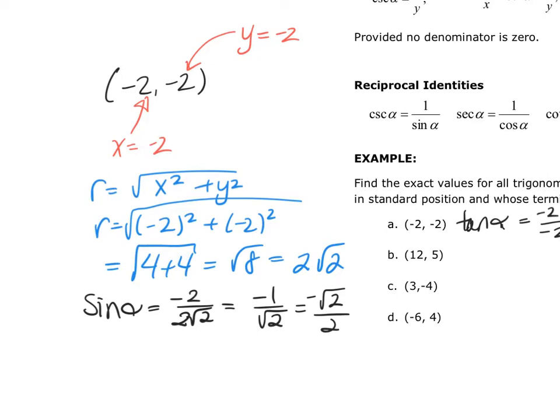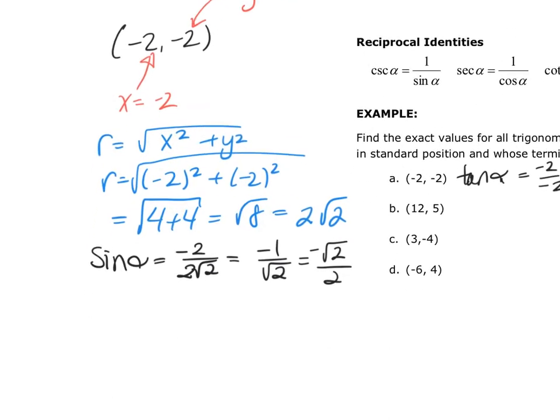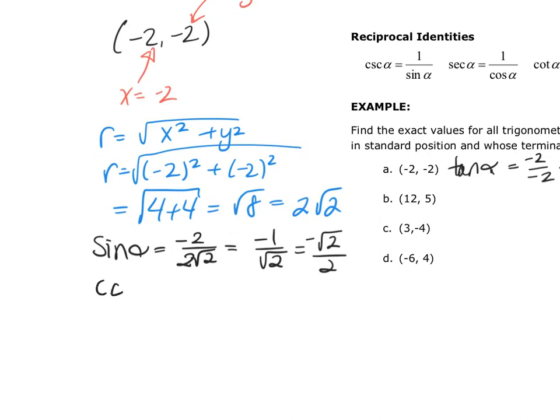If I have my sine, I now have my cosecant of alpha, which is the reciprocal of this. So my cosecant is now going to be negative square root of 2 over 1, or just negative square root of 2.